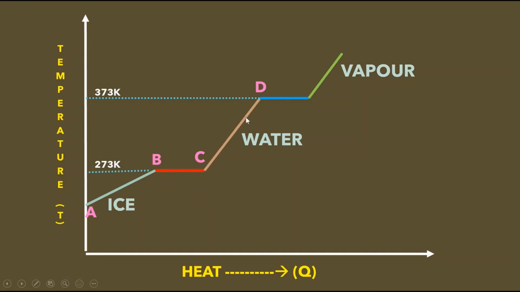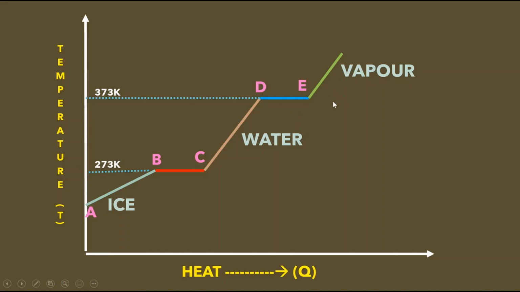And here again the heat is transformed to kinetic energy. And similarly here, wherever there is a phase change, the heat is converted to potential energy, because the energy is only used to dissociate the molecules from each other and form vapor.